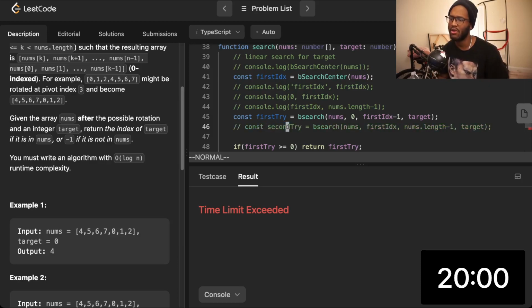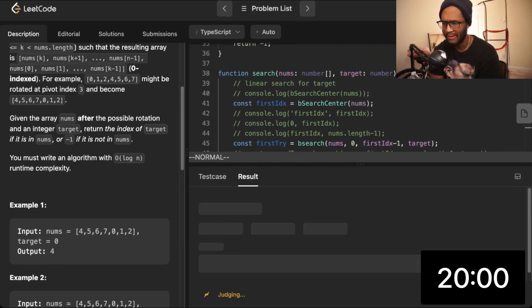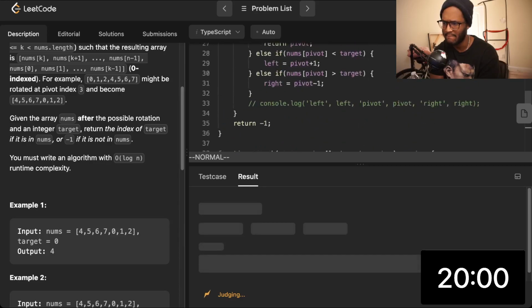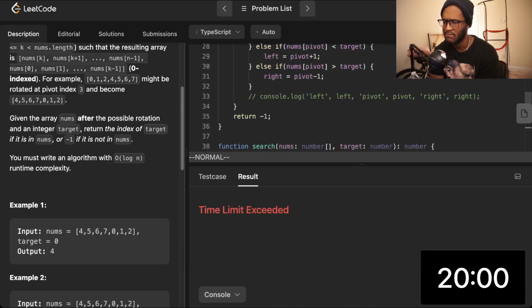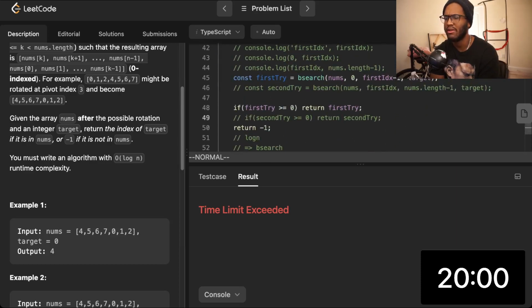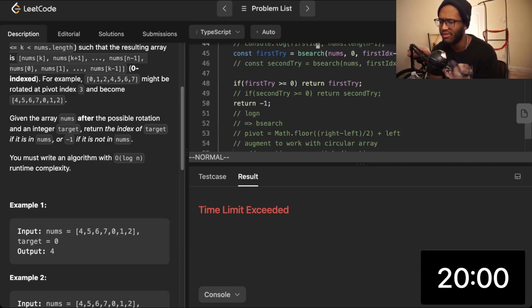What if I cancel out one of the searches? Yeah, this is crazy. Time complexity, this would be 2 log of n.